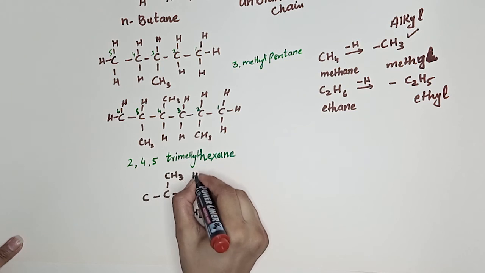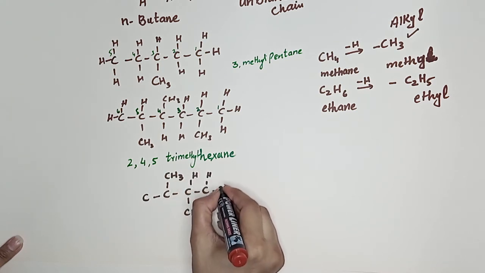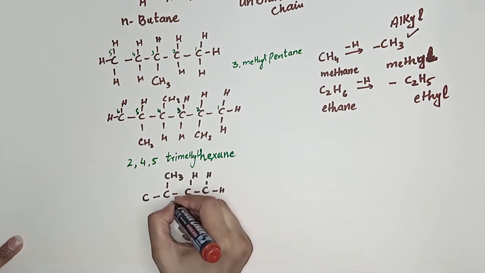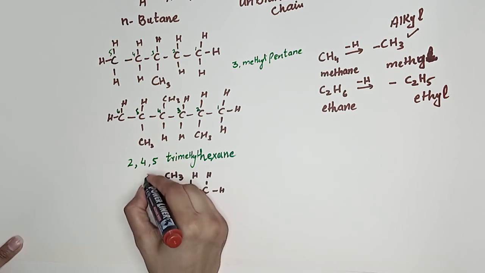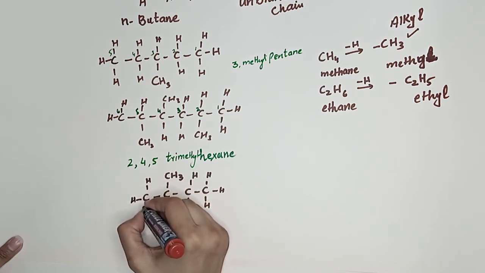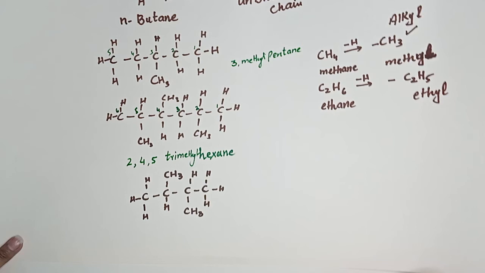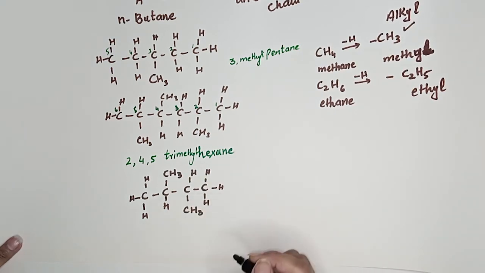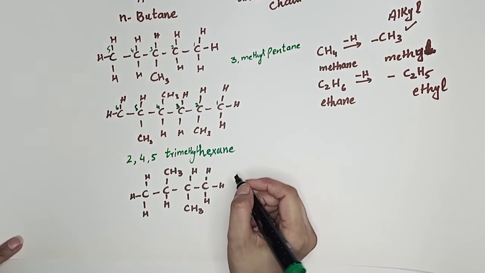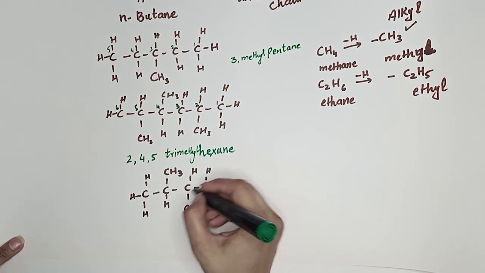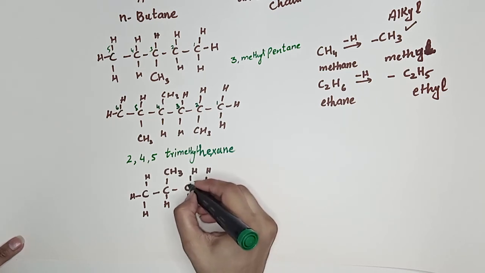The rest of all will be utilized for covalent bonds with the hydrogen atoms. Now, pause the video and name this compound. We will start counting from that carbon where the methyl group is nearby. So pause the video and start counting. Start naming it. Okay. Now we will name it.